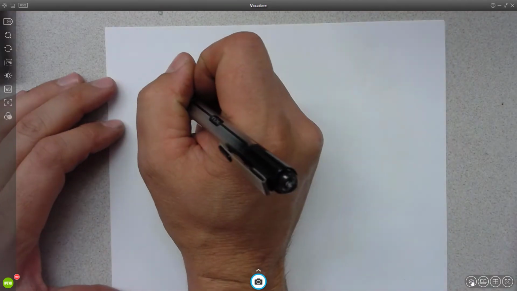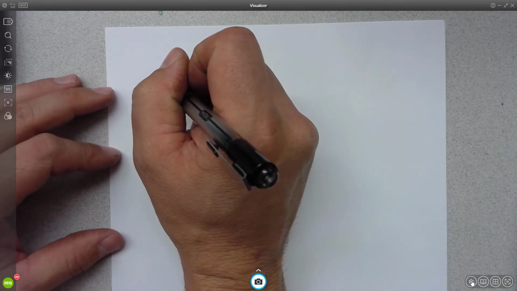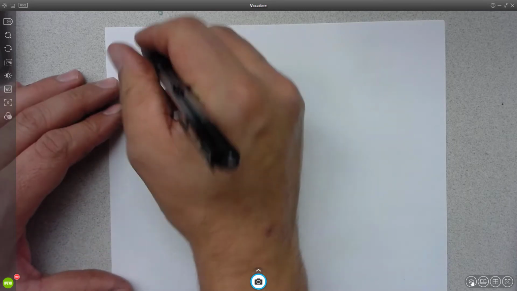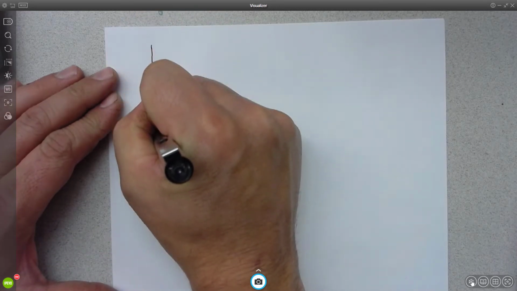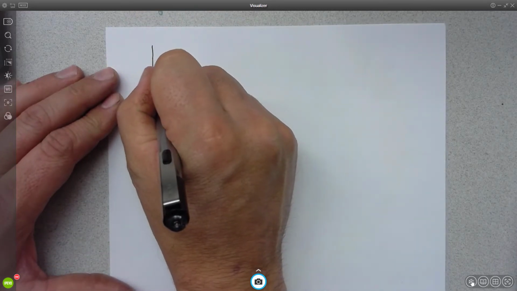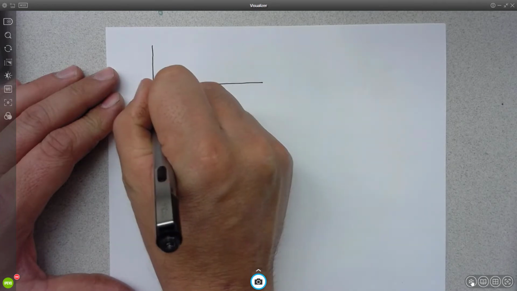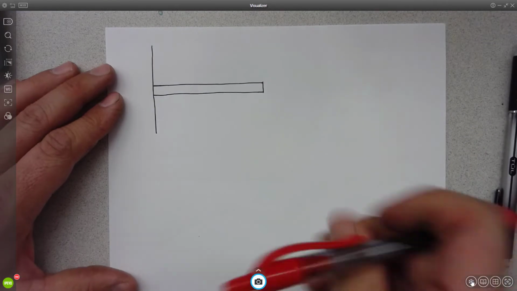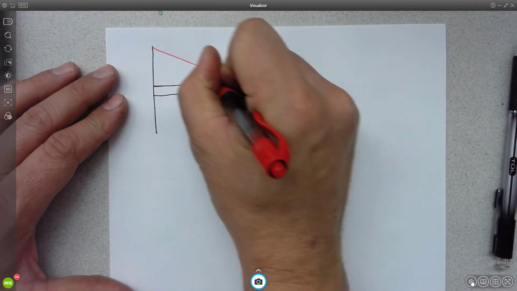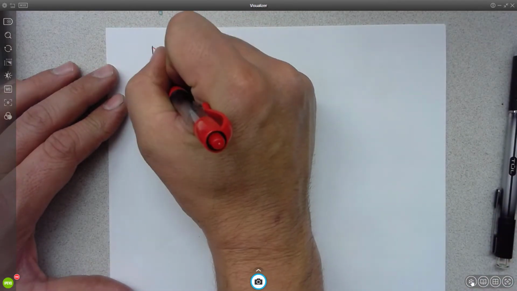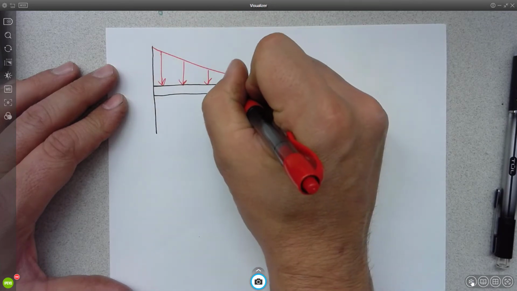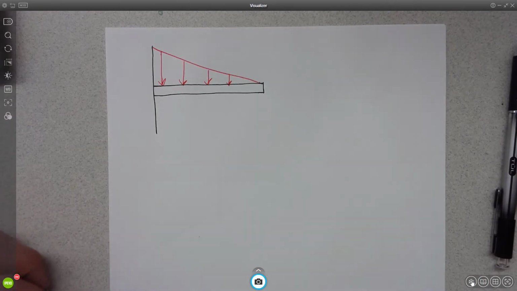So let's do one of these. We haven't done one of these in so long. This is an awning outside of a building.